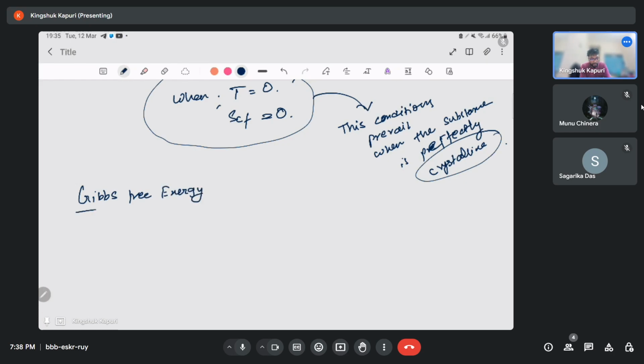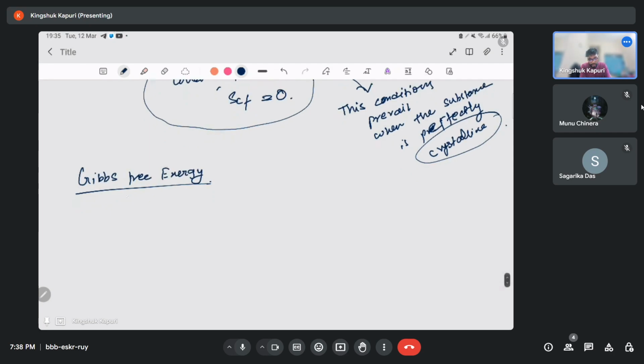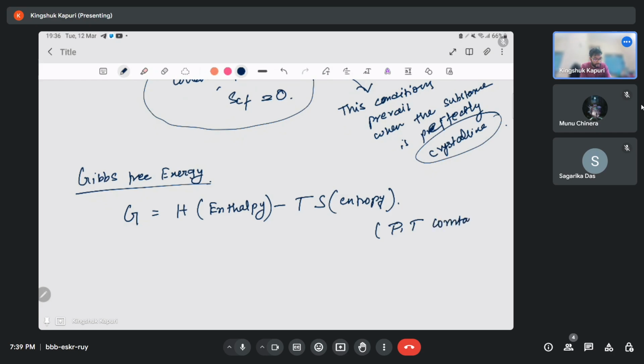Now I will come to the Gibbs free energy part. We denote the Gibbs free energy as G equals H, which is our enthalpy, minus TS, where S is the entropy and T is the temperature, at constant P and T. Gibbs free energy is related to the heat content of the system minus the product of temperature and entropy.